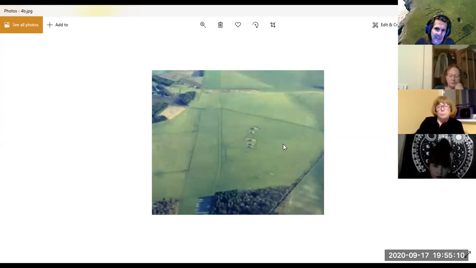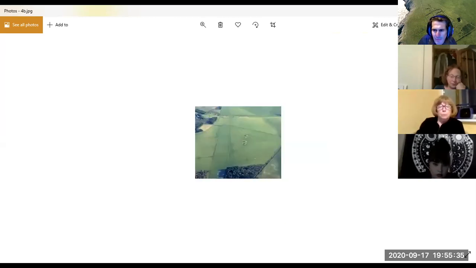And these are round barrows from the Bronze Age. This is a bit of an oblique image, because it's at an angle, but you can clearly see the barrows in that field, the Bronze Age barrows.